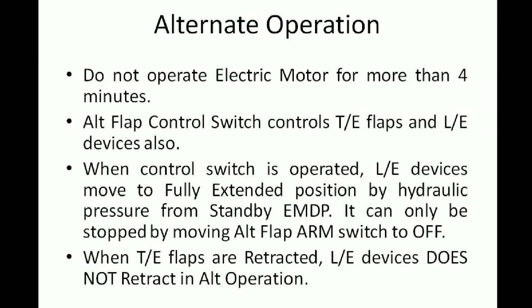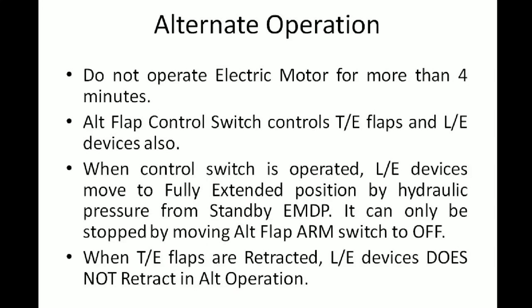These are few points to note during alternate operation of trailing edge flaps. Do not operate electric motor for more than 4 minutes. Alternate flap control switch controls trailing edge flaps and also the leading edge devices.